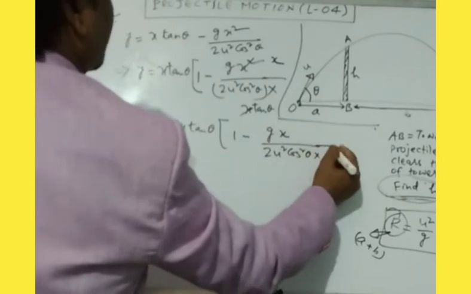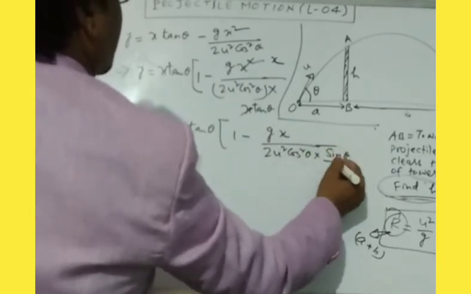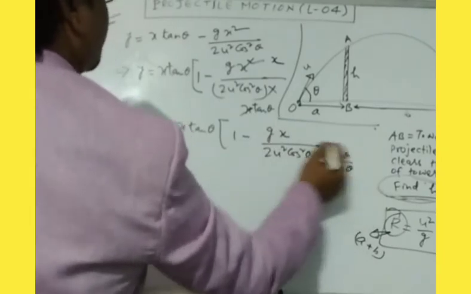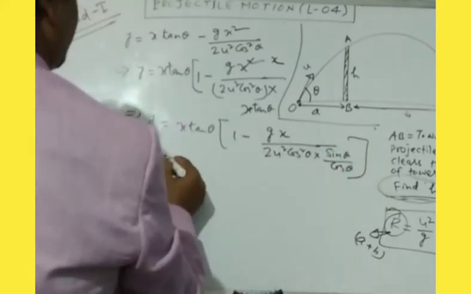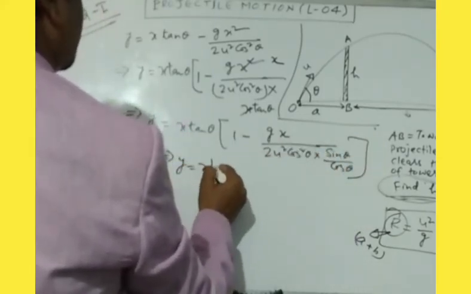And this tan theta can be written as sin theta upon cos theta.